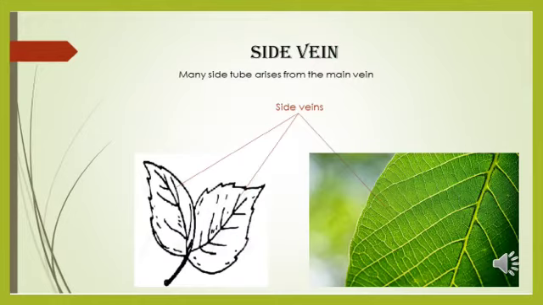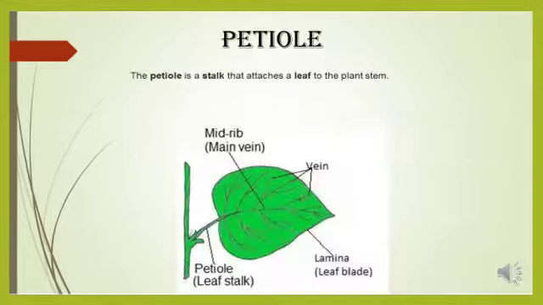Several side veins arise from the main vein. This network of veins helps in the distribution of water and nutrients to all parts of the leaf. The stalk with which leaf is attached to the plant is called a petiole.